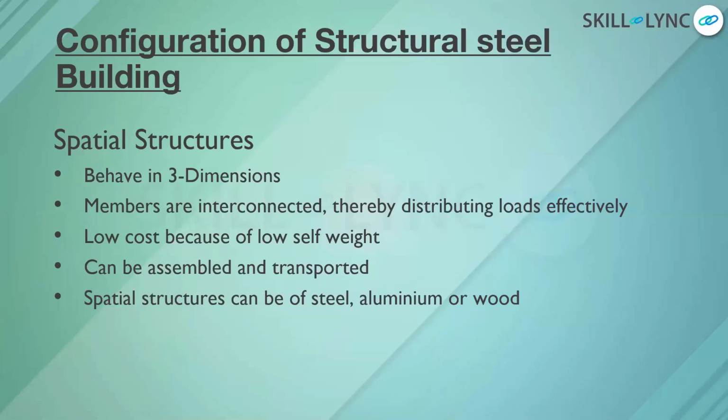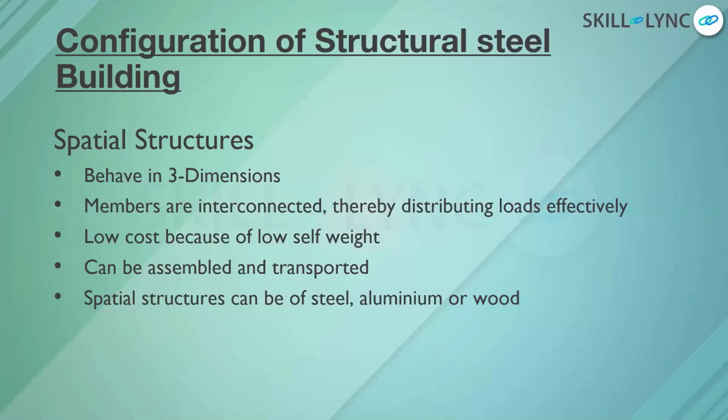For spatial structures, like I said, they behave in three dimensions. Structures such as grids, domes, barrel vaults, towers, and cable nets belong to this category. The term spatial or space structure refers to an assembly of linear members interconnected to each other in space, resisting the loads applied at their connections or along their lengths.